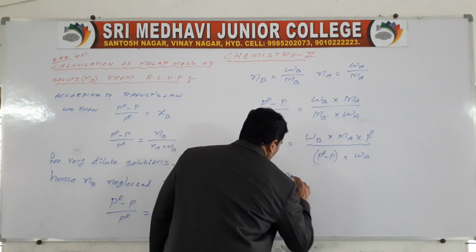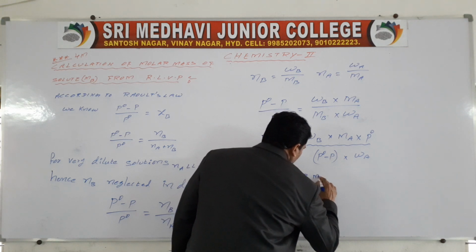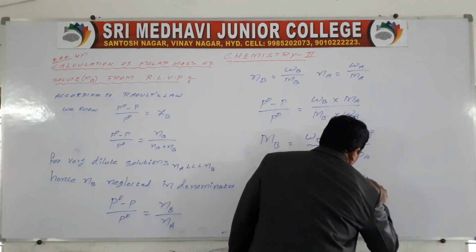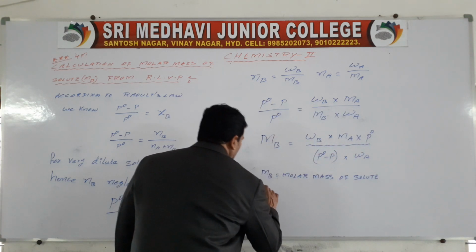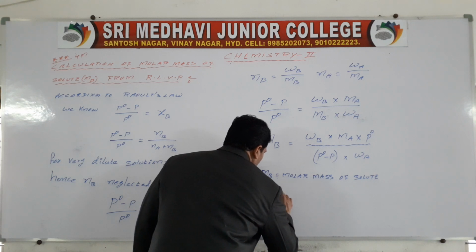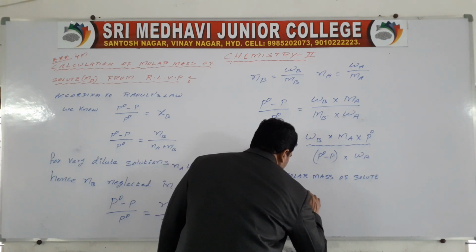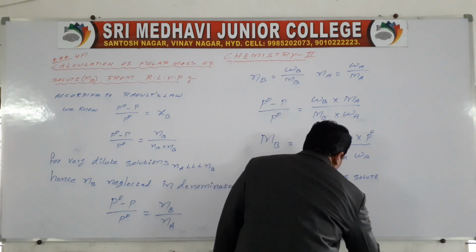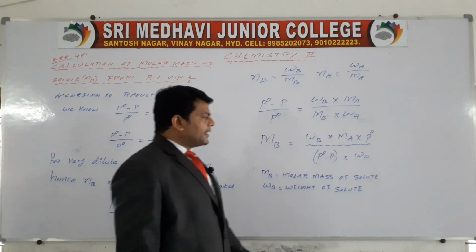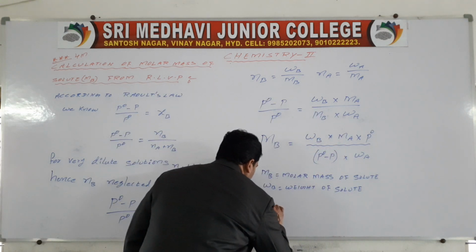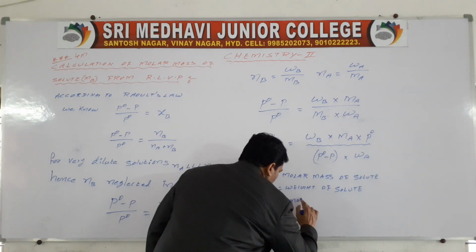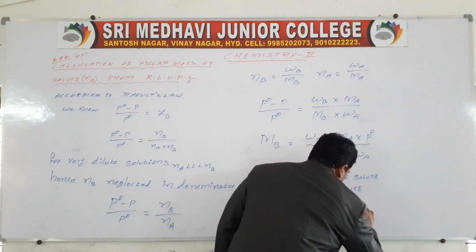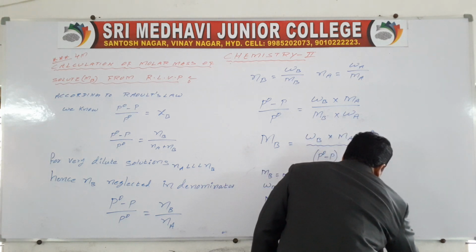Got it? So this is MB, means molar mass of solute. WB means weight of solute. MA means molar mass of solvent.